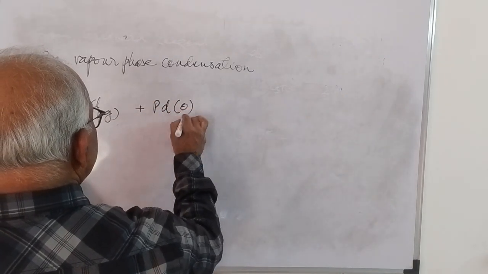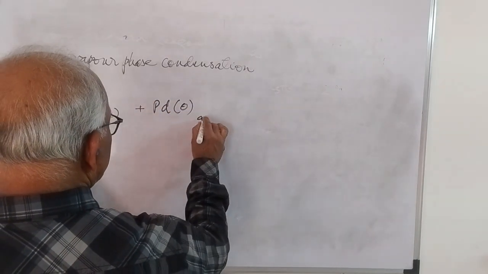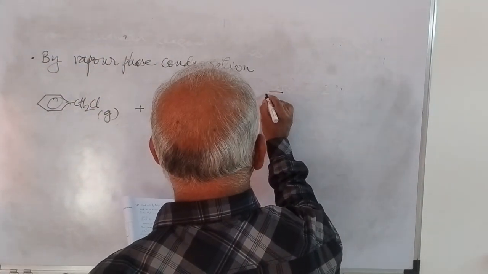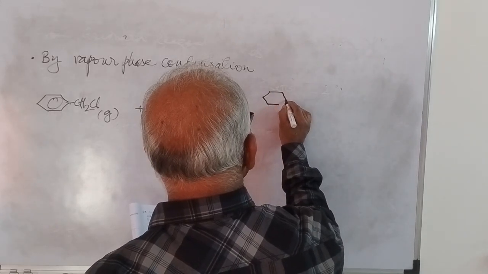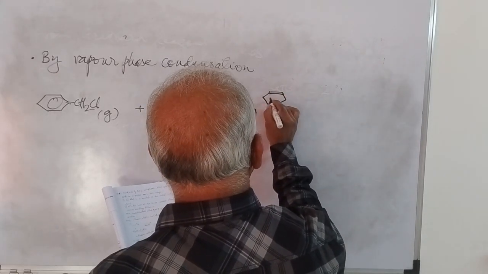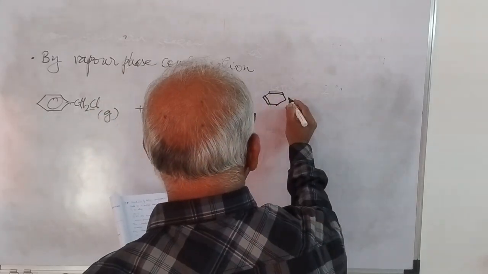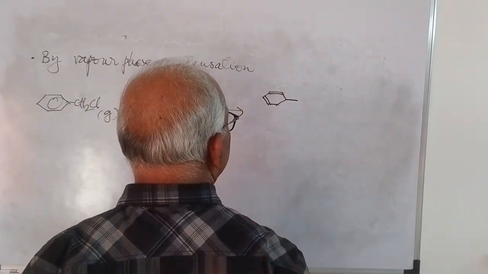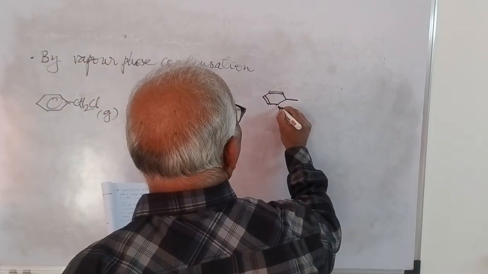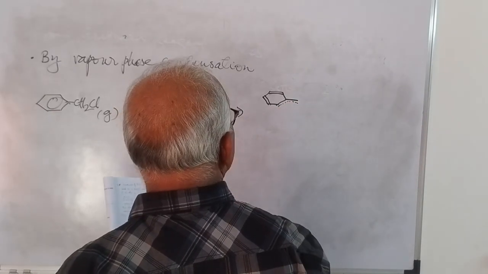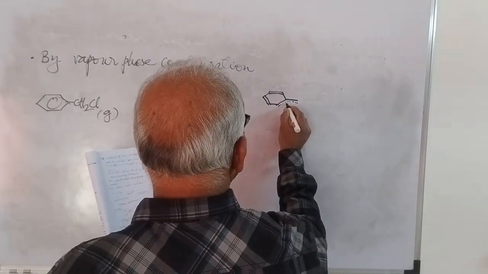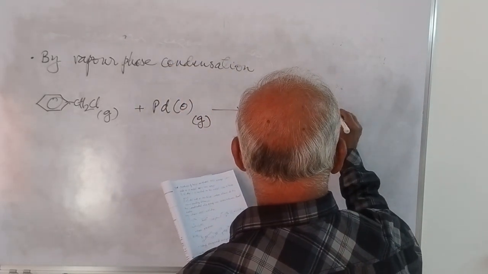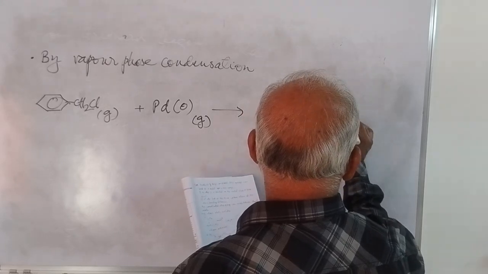Here we are taking palladium in zero oxidation state, also in gas phase. So it gives the product like this. This CH2 means here this carbon and this carbon. So the three carbons are coordinated through pi bond to palladium, and this palladium is further bridged with Cl.